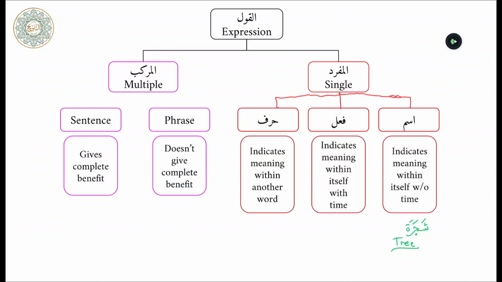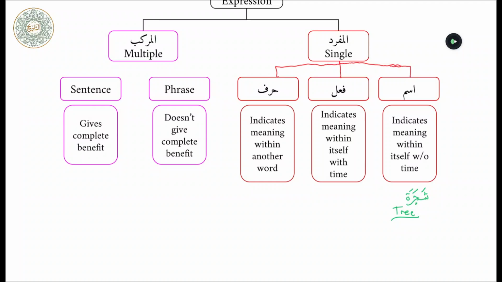When you hear someone say, for instance, jidar, jim dal alif ra, jidar means a wall. You don't picture present, future, or past tense. All that comes to mind is a wall. So that is an ism.